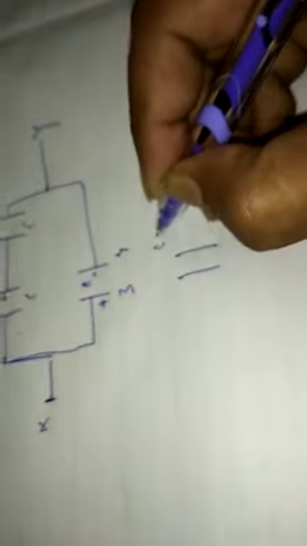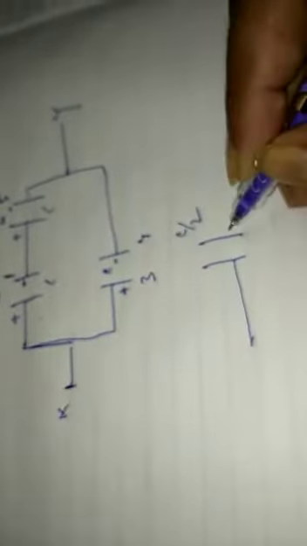This is in parallel with another capacitor C, so they will just add up. C plus C by 2, so C equivalent is equal to 3C by 2, and that's your answer.